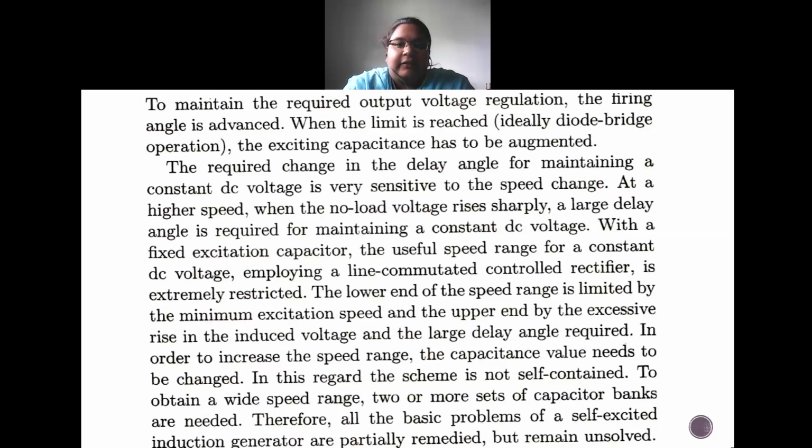Then when the limit is reached, ideally diode bridge operation, the exciting capacitance has to be augmented. So when the output voltage regulation limit is reached, we go for capacitance augmentation. We add some capacitance to the network.